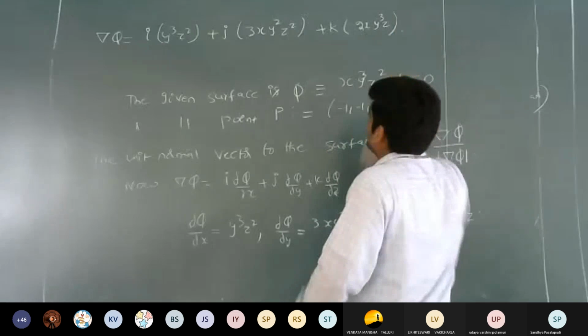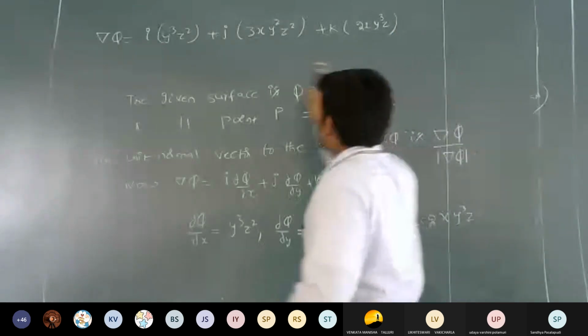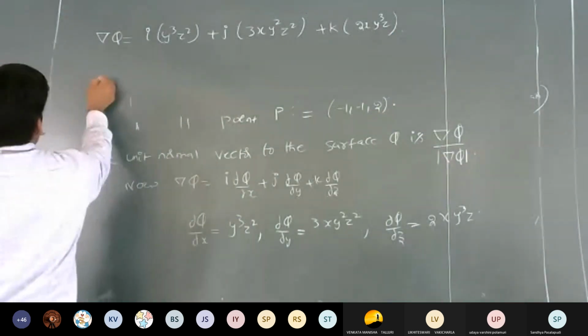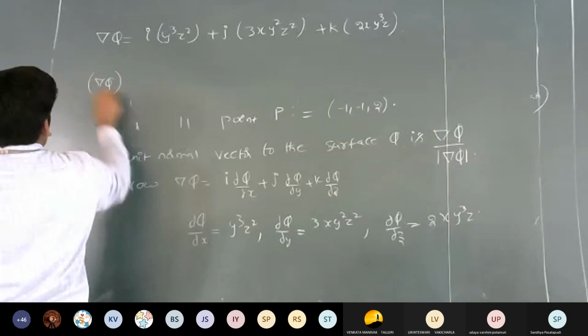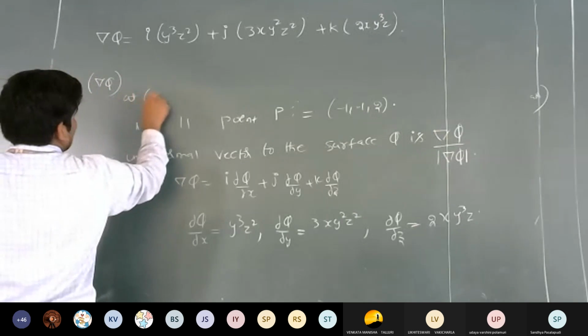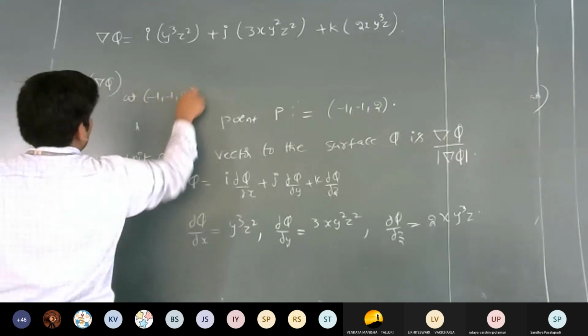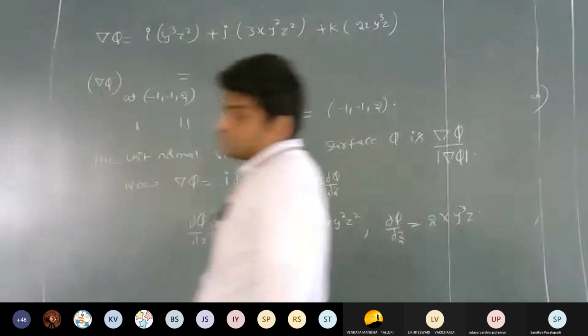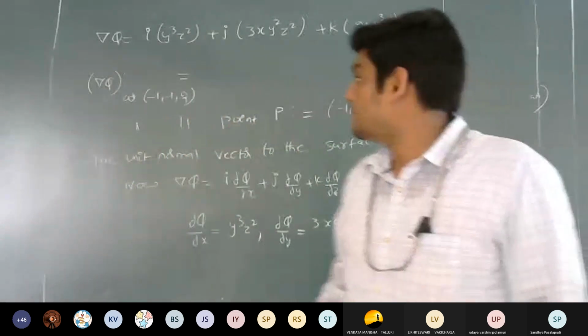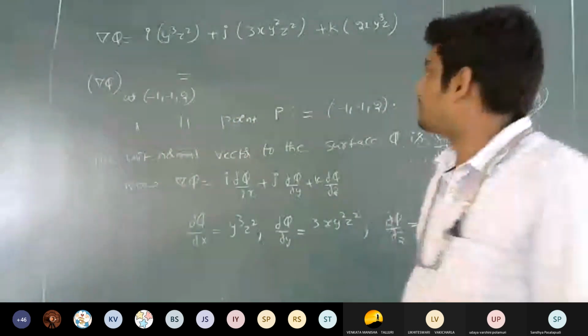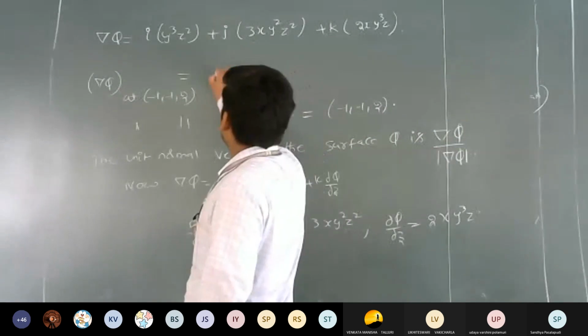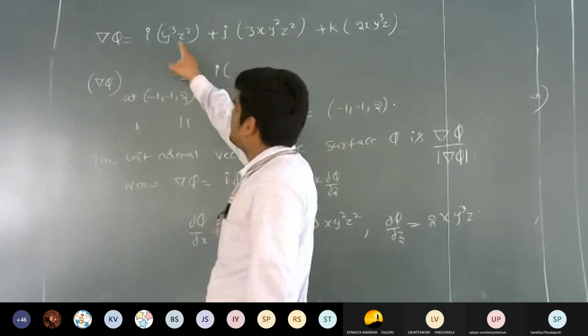Yes. But we have to calculate the del phi at the given point -1 comma -1 comma 2. So just substitute x as -1, y as -1, z as 2. Then you will get the value. That is the del phi. So it is nothing but what?